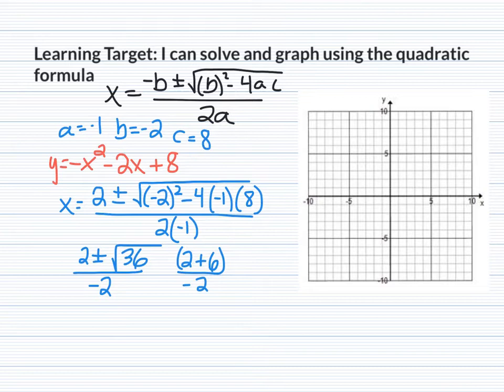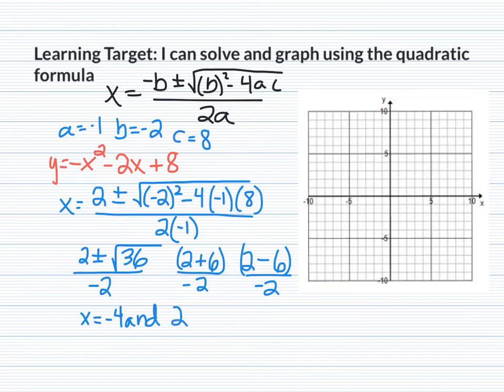And 2 minus 6 over negative 2 in parentheses. So if you plug this into your calculator, you're going to get x equals negative 4 and 2.